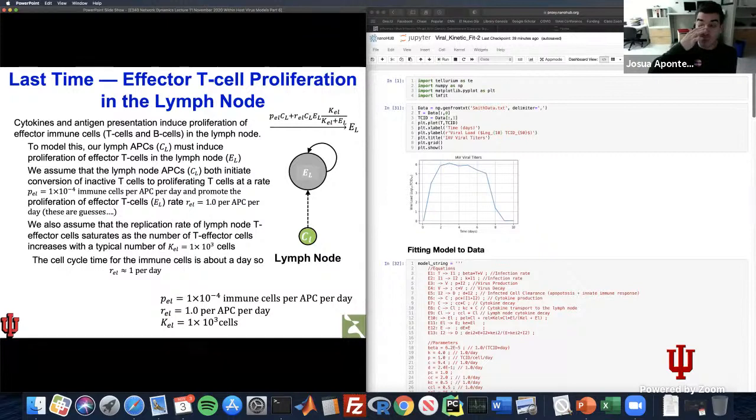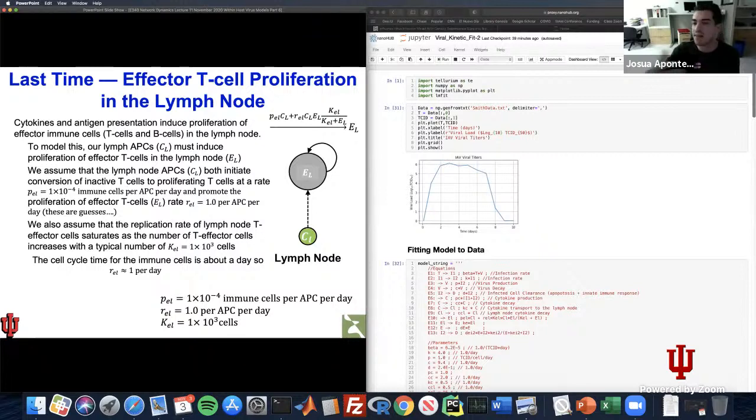Because it's able to recognize and distinguish the cells that are infected by the virus, because the information was passed on by the sentinel cells in the lymph node. So once the signal arrives at the lymph node, it can induce the proliferation of these specific cytotoxic cells.